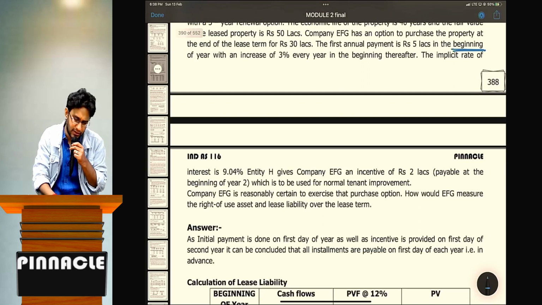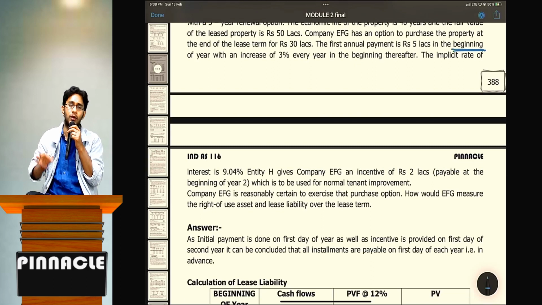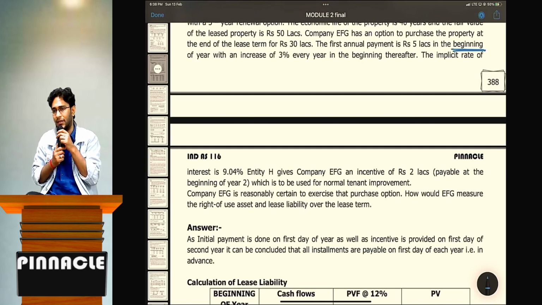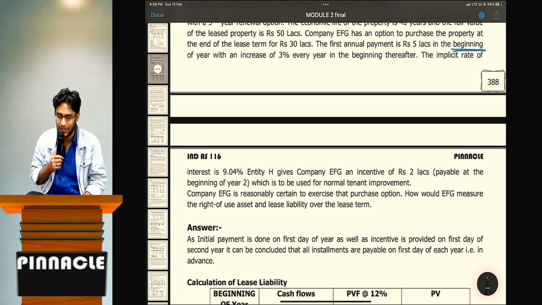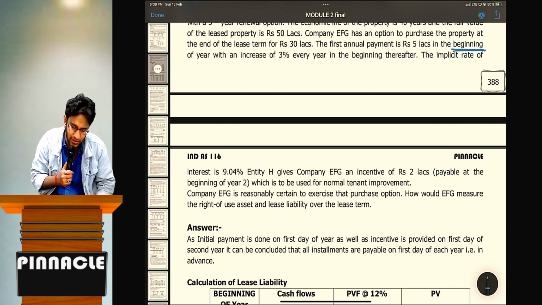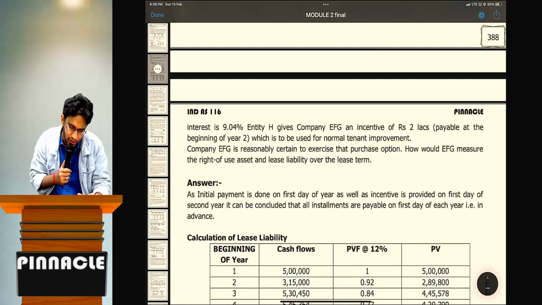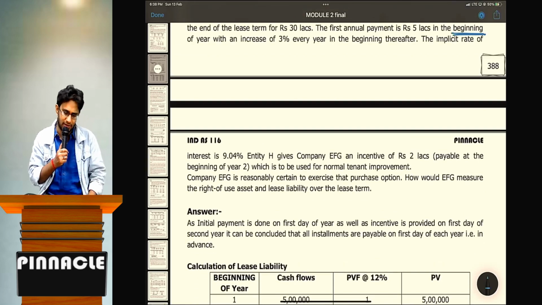Company EFG is reasonably certain to exercise that purchase option. That means at the end of 10 years, we are going to buy the asset by spending 30 lakhs. So when you are estimating your lease payments, 30 lakhs also has to be included, guys. How would EFG measure the ROU asset and lease liability over the lease term, he's asking.